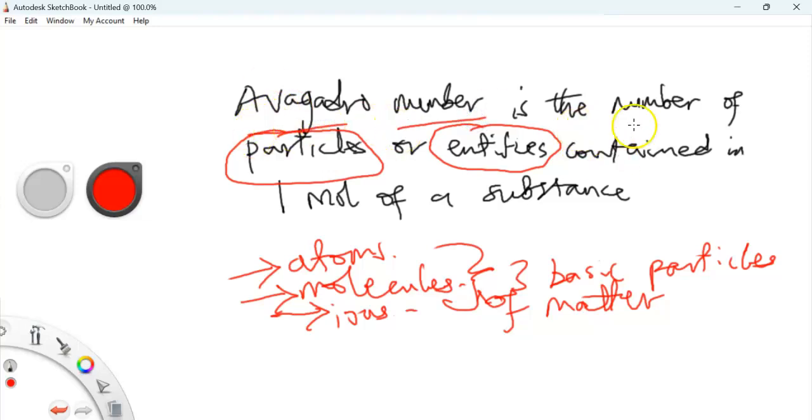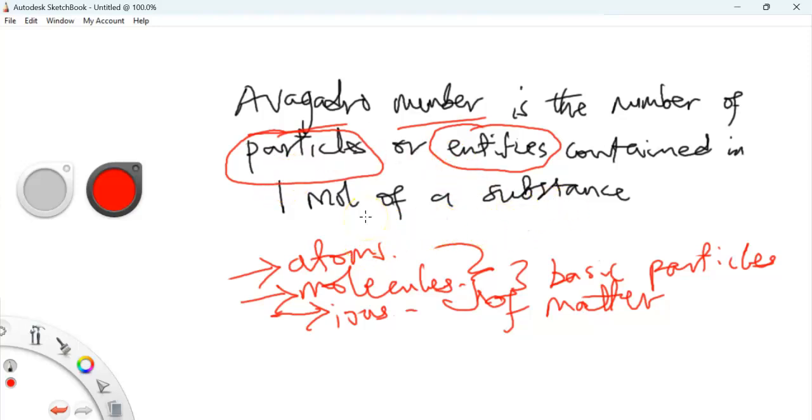Avogadro number is the number of particles or entities contained in 1 mole of a substance. It can also be defined as the number of atoms, or number of molecules, or number of ions contained in 1 mole of a substance.